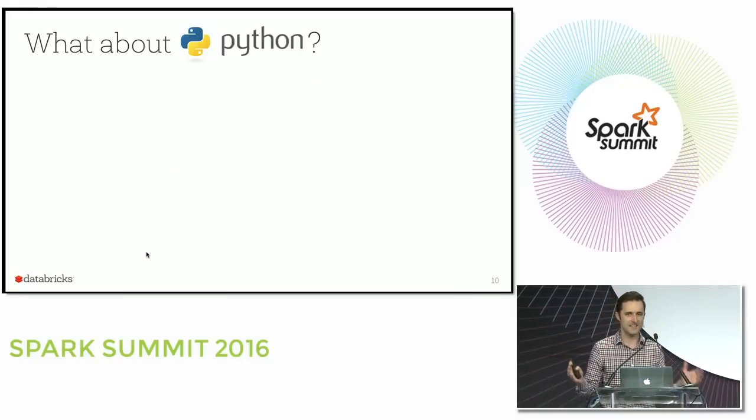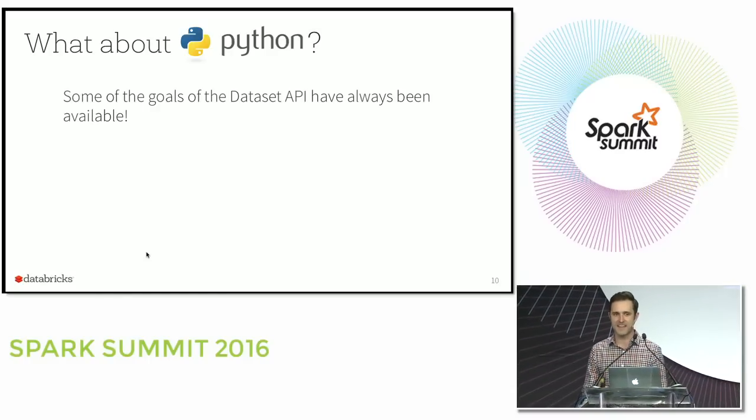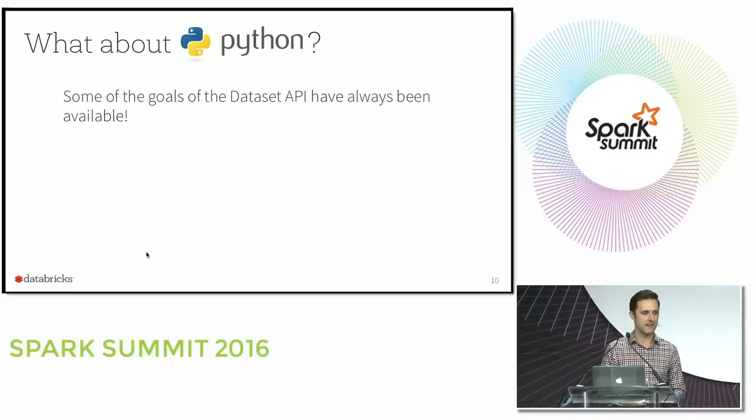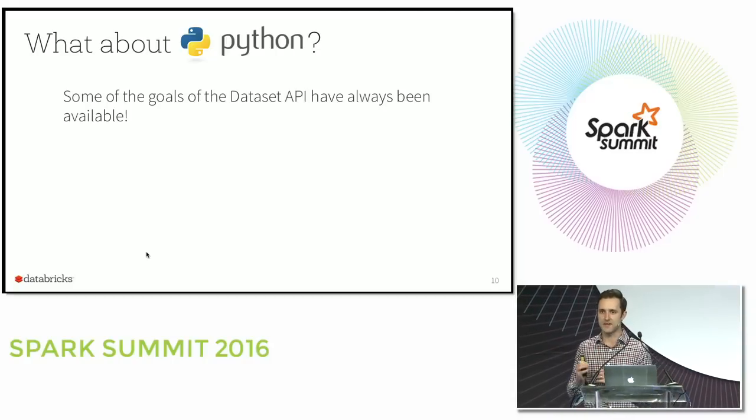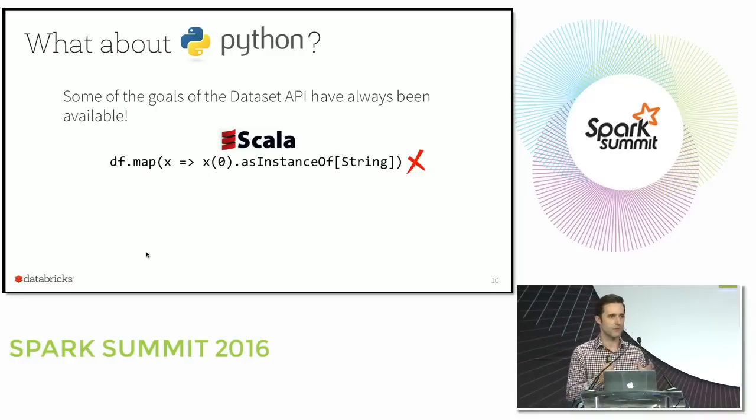So a lot of times I get this question, what about Python? You've been talking about Scala and Java a lot. My thought is, in Python, because of dynamic typing, you've always had a lot of the benefits of the Dataset API. In particular, accessing the results of a DataFrame in Scala before Datasets was really awkward. You had to access the columns by ordinal, so I have no idea what 0 is. Is that the name? Is that the age?